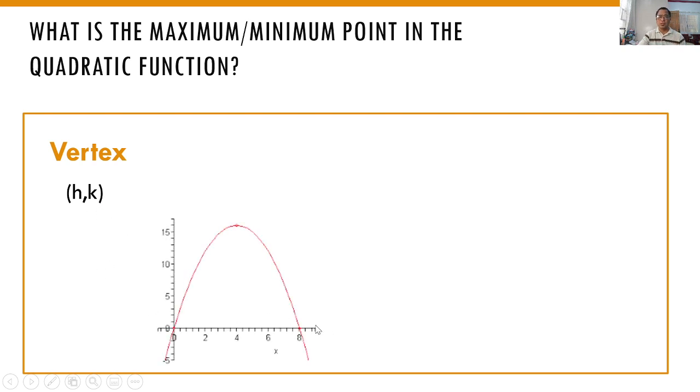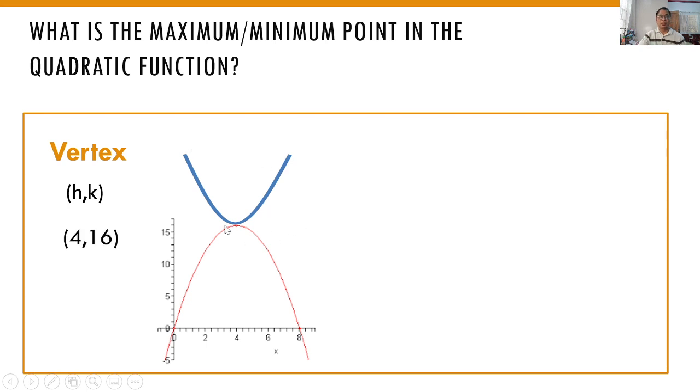Now, supposing this is our given, ito rin yung example natin last time around. We have a parabola opening downward, sad face if you can still remember. And we have here now the smiley face here, opening upward. Ito negative, ito positive.